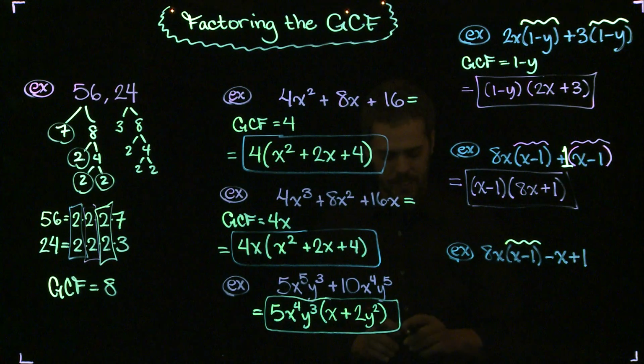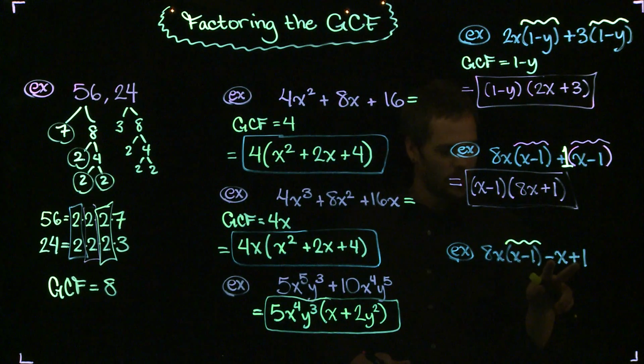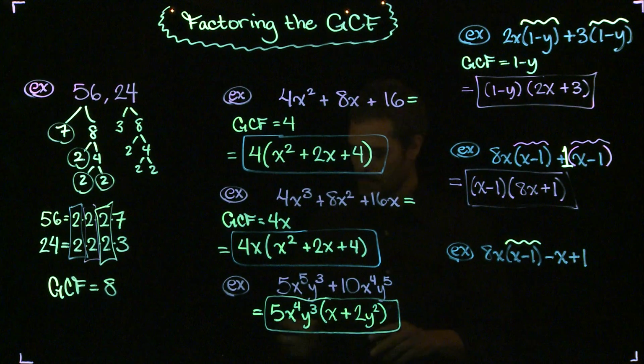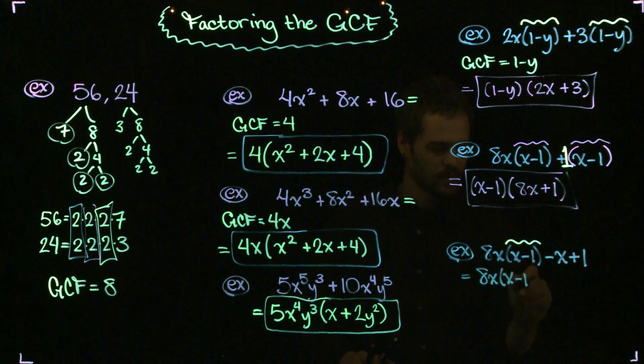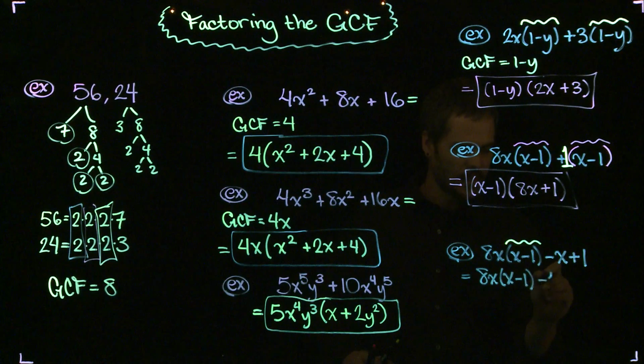So this one is tricky, but you can factor out a negative 1 from these two terms here, and look what we get. This would give me 8x. I still have my times x minus 1 here. I'm going to factor out a negative 1 just from those two terms on the end.